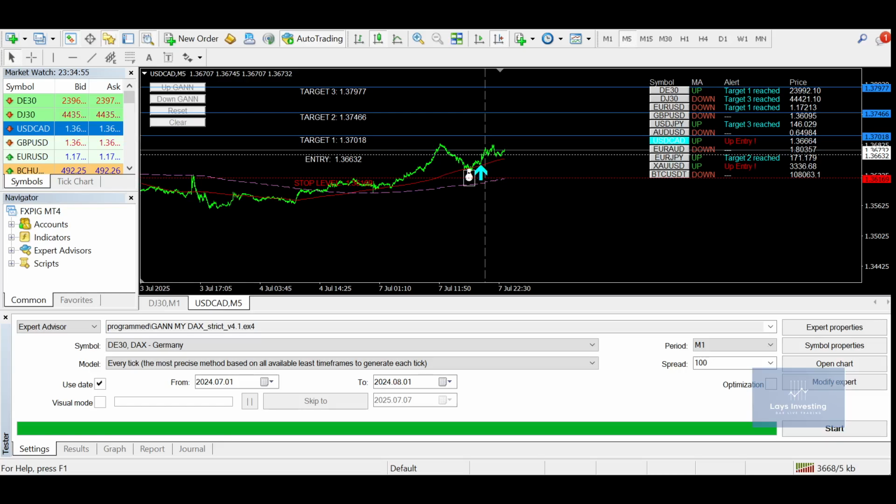If your monthly return is 10%, that's very good. You can be considered a professional trader. Of course, we have to take into account the drawdown. We shouldn't get drawdown of more than 10%.